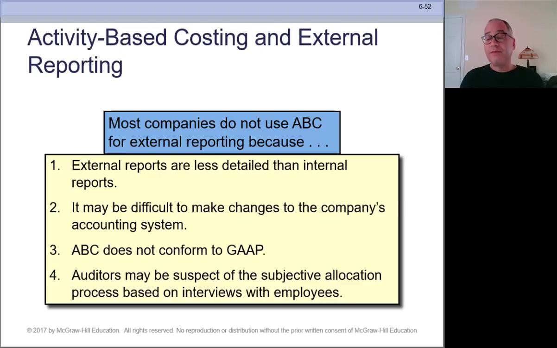But the benefit is it gives you a much better idea about what's really driving your costs, and it will make you a better manager because you'll know more about your company. So activity-based costing might not be used by a lot of companies, but for companies that use it, there are tremendous benefits to be derived.